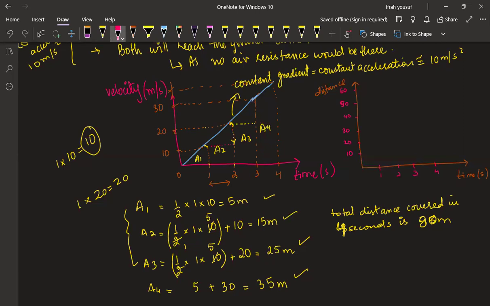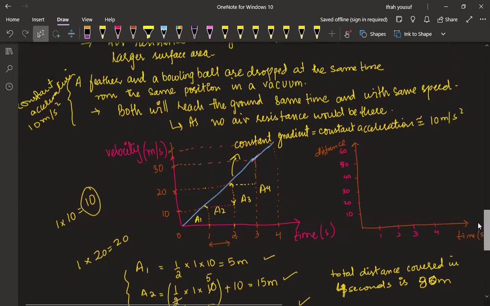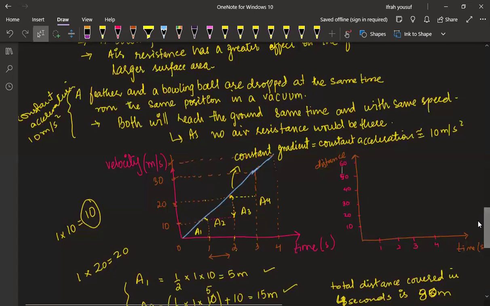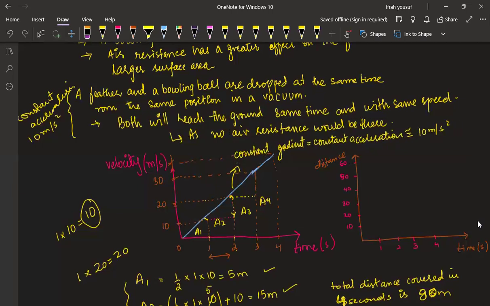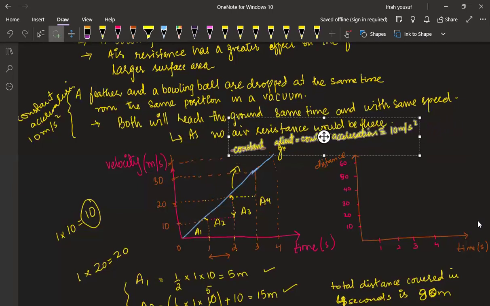Okay, so over here, what is the total distance in 4 seconds? What is the total distance the body has covered here in 4 seconds, right? In total 4 seconds, what is the total distance the body has covered? 80. 80, right?